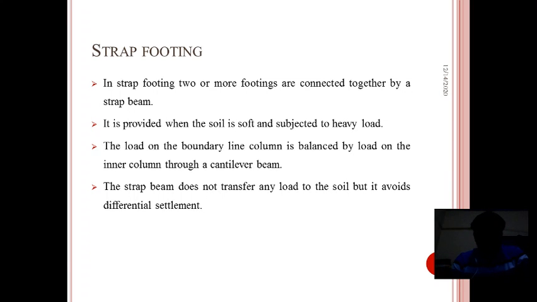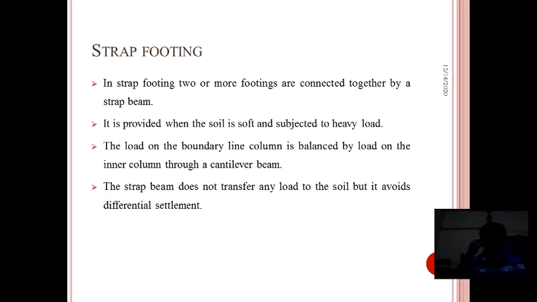Next one is strap footing. So here strap means a beam connected between two footings constructed separately for two columns adjacent to each other. In strap footing, two or more footings are connected together by a strap beam.